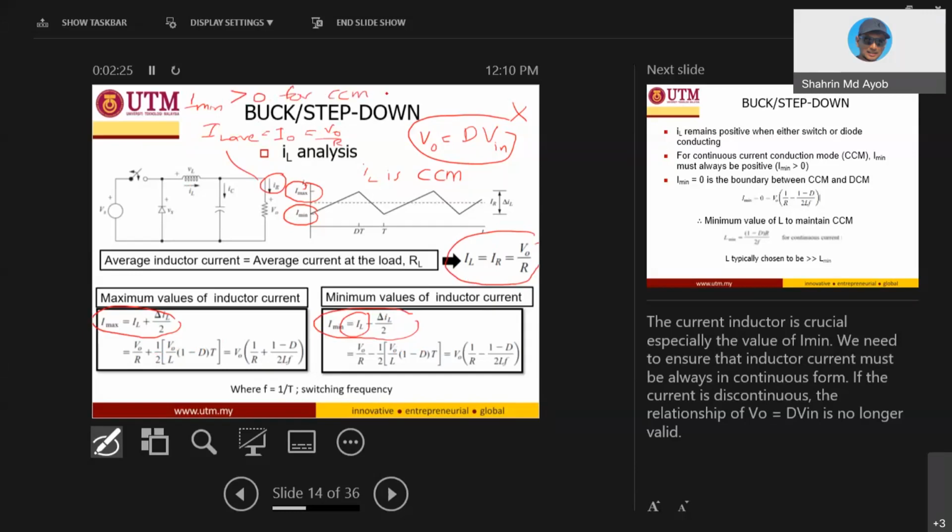For CCM, you need to always make sure that I minimum is always greater than 0. And your I out is equal to IL average. IL average is a DC current.